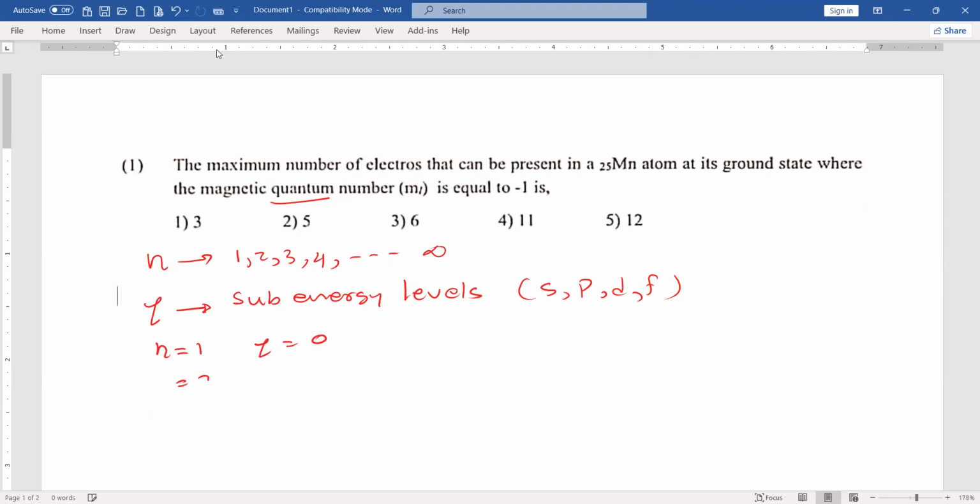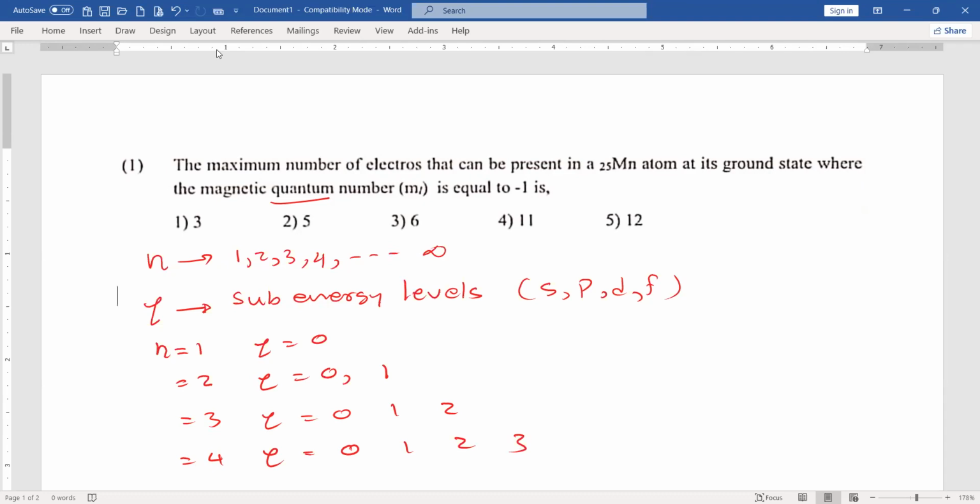If N equals 2, L can take 0 and 1. If N equals 3, L can take 0, 1, and 2. If N equals 4, then L can take 0, 1, 2, and 3.